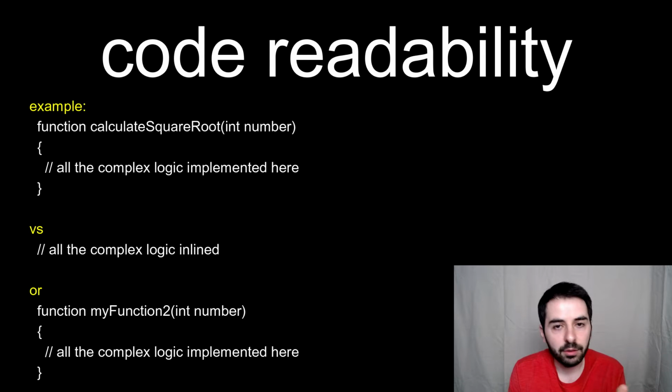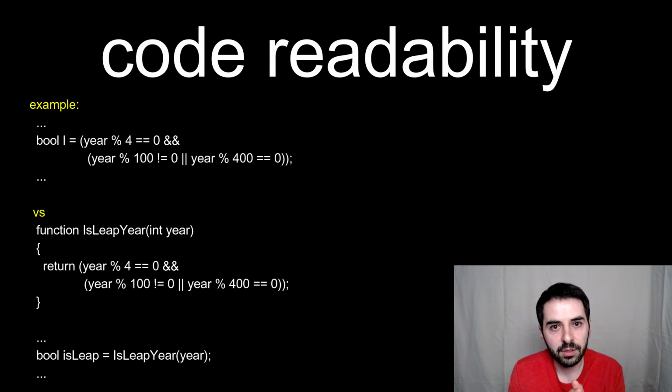Or another example. Let's say there is a small function which indicates, given the year, so 1986, 2021, if this year is a leap year or not.